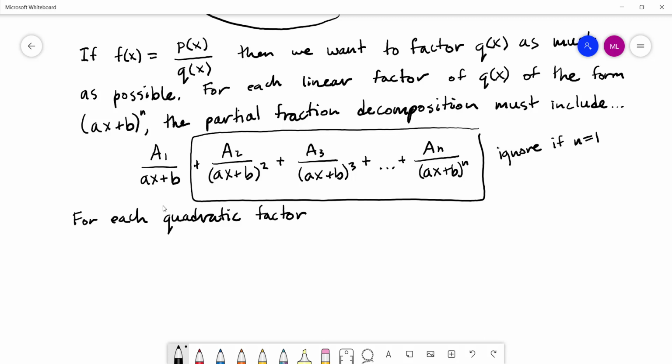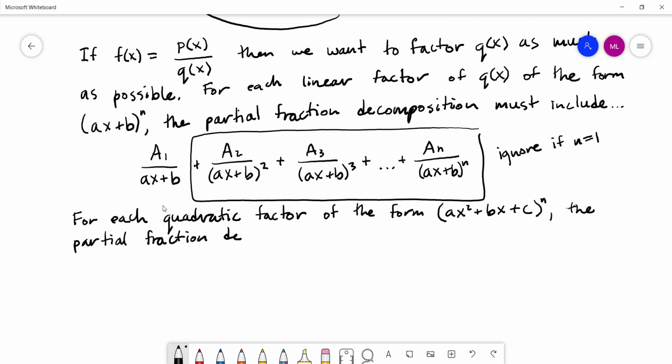So for each quadratic factor of the form ax squared plus bx plus c raised to the power n, the partial fraction decomposition must include a term that looks like this.